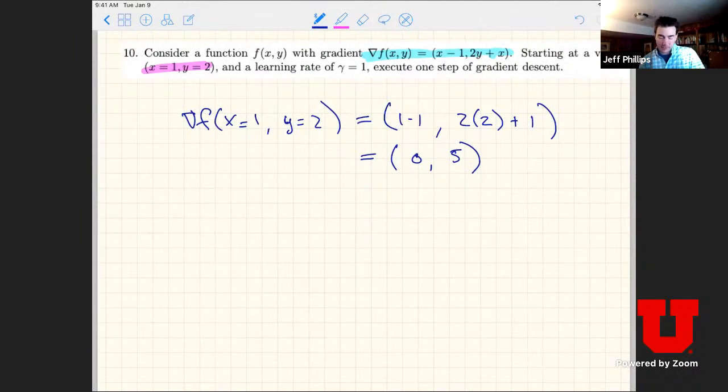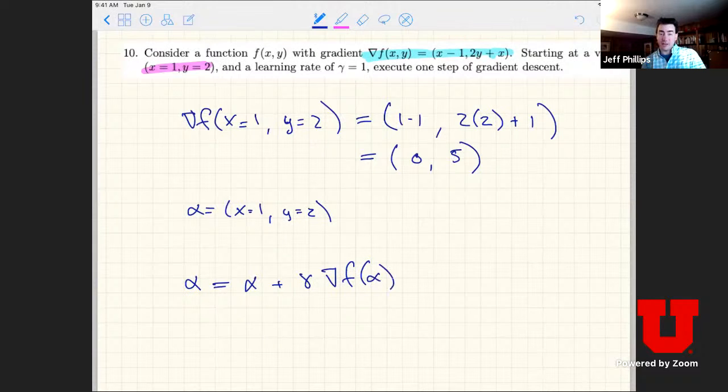Now I need to do this update step. Let's say alpha is equal to x equals 1, y equals 2. I want to update alpha to alpha plus the learning rate times the gradient of f of alpha, and we've already calculated that.